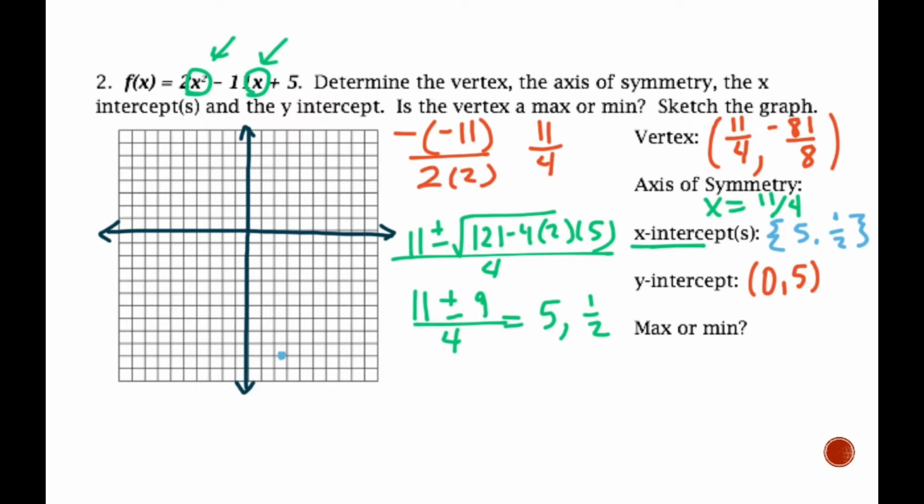And then my y-intercept is at 0, 5, and my x-intercepts are at 5 and at 1/2. And so that can help me draw my graph pretty accurately. And so I can tell also that there is a min.